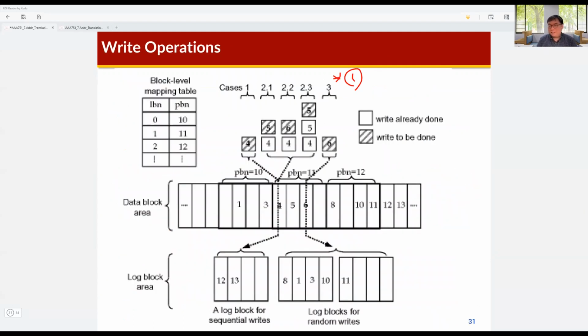And how can we decide the property of a write to the storage device? The authors of this paper categorized some kinds of writes to the storage device, like these cases.